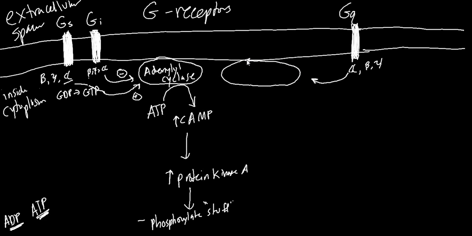Same concept. Except for Gq, Gq is a little different. It's going to act via a different mechanism. Gs and Gi act via the same mechanism. There we go. That's why I lumped them on the same side. So it should make a little sense of why I did that. Phospholipase C is going to be what this Gq ultimately stimulates.